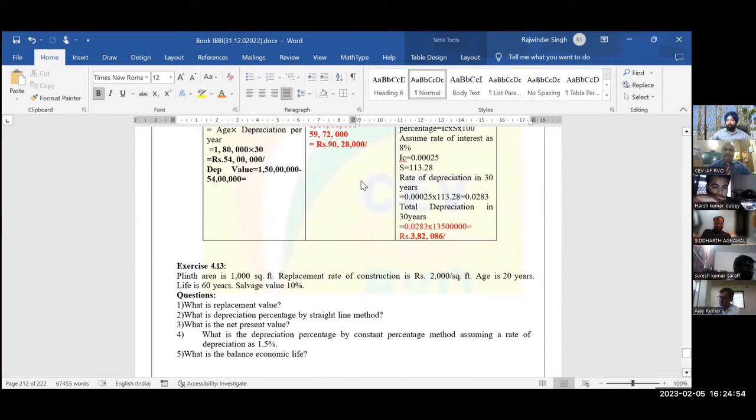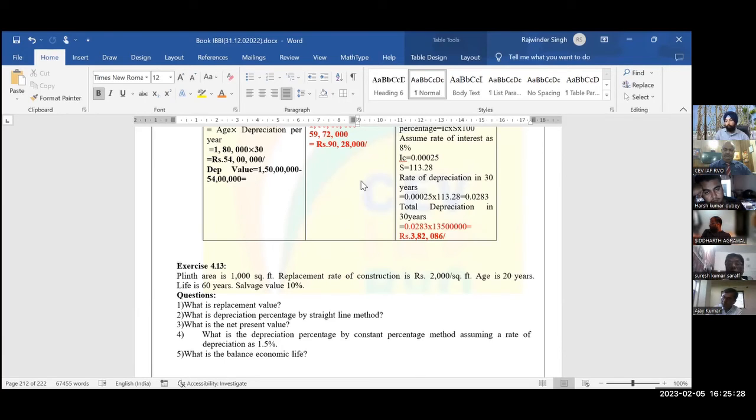The basic thing is that when you go to do the valuation of an asset based upon market approach, you have to collect a lot of data basically. So value will depend upon the cost at sale price of similar property in the recent past in the vicinity of the asset for which you are doing valuation.